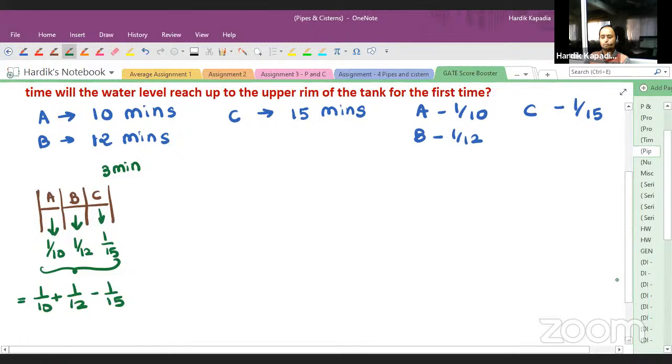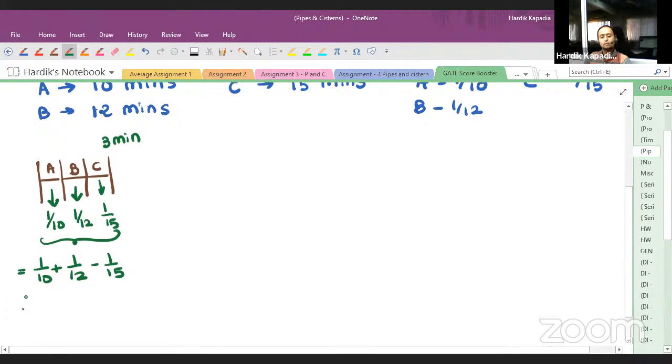In total, 7/60 part of the tank is filled in 3 minutes. In the next 3 minutes, the same procedure, so in 6 minutes, another 7/60, so we can say 14/60.